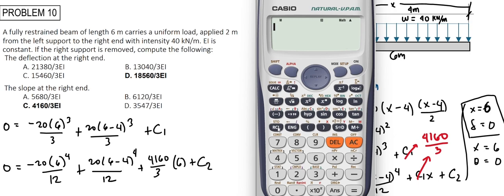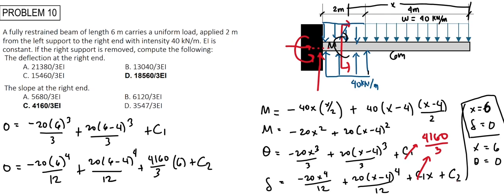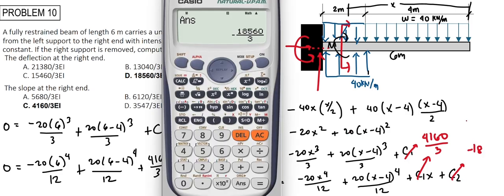Solving, we have c sub 2 equal to negative 18,560 over 3.